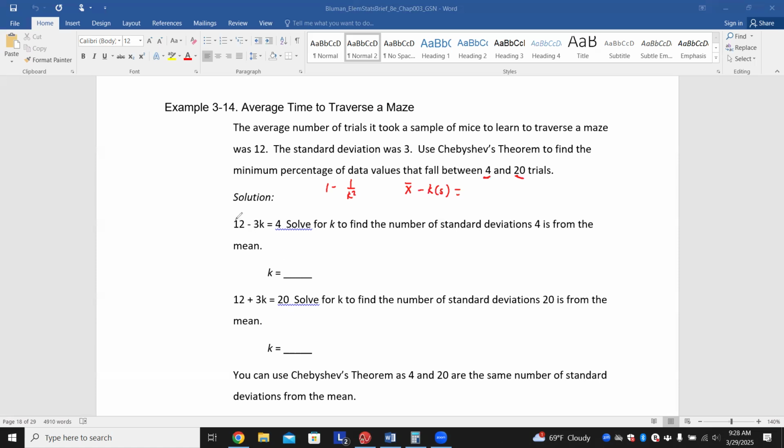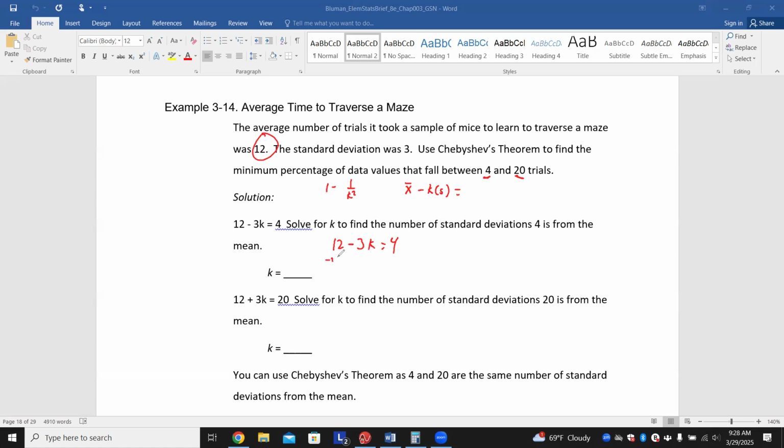For 4, I can set my average, which was 12. So this is 12 minus, because 4 is on the left side of the mean, and 20 would be the plus side. The standard deviation is 3, so it's k times 3, but mathematically we write it as 3k, and this equals 4.